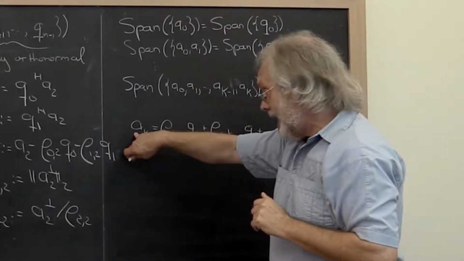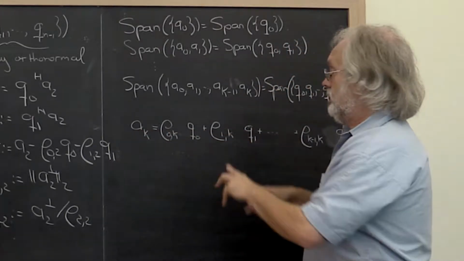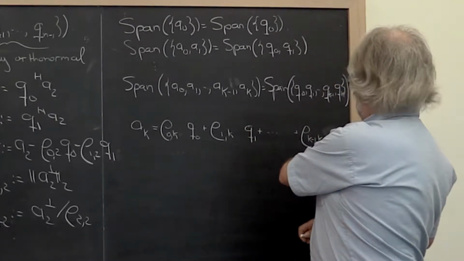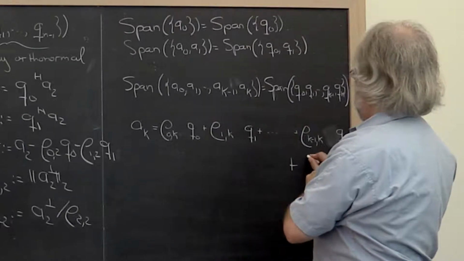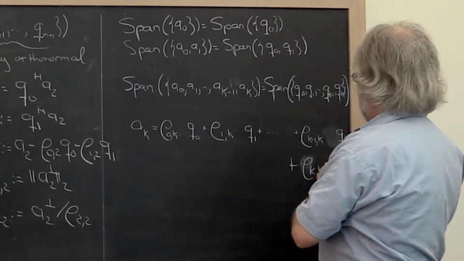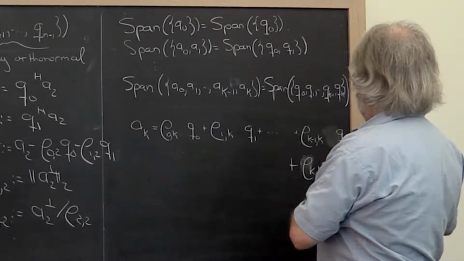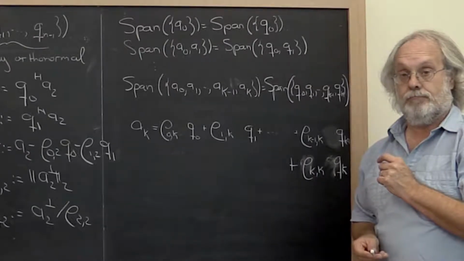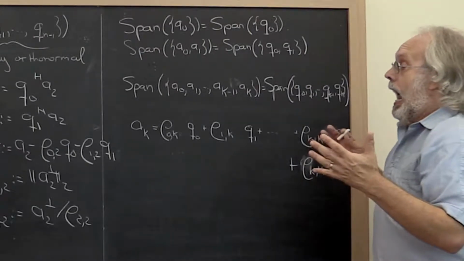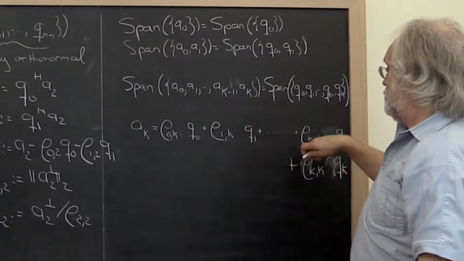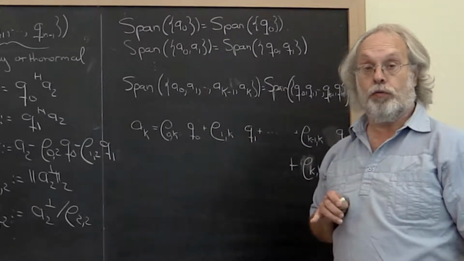So, ak can be written as a linear combination of q0 through q(k-1), plus rho kk times qk, right? Obviously, I chose how I labeled my coefficients carefully.